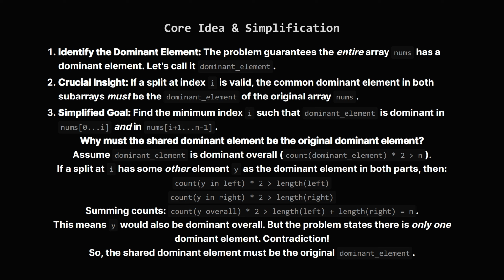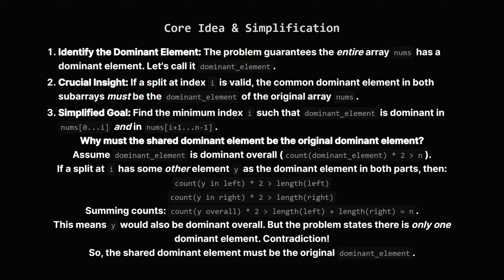Since the problem guarantees only one dominant element exists overall, x must be equal to dominant_element. This insight is crucial. We don't need to check every possible element at each split. We only need to check if the original dominant_element is dominant in both subarrays. So the refined plan is 1.